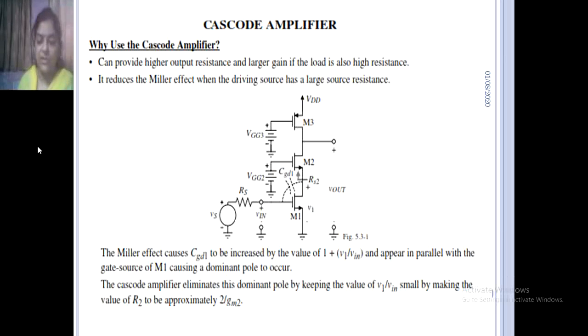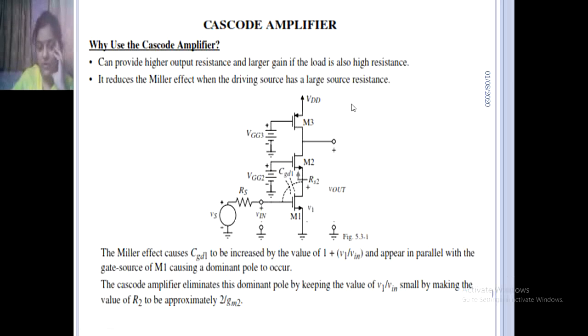It appears in parallel with the gate-source of M1, causing a dominant pole to occur. The cascade amplifier eliminates this dominant pole by keeping the value of V1 divided by Vin small, by making the value of R2 approximately 2 by gm2.